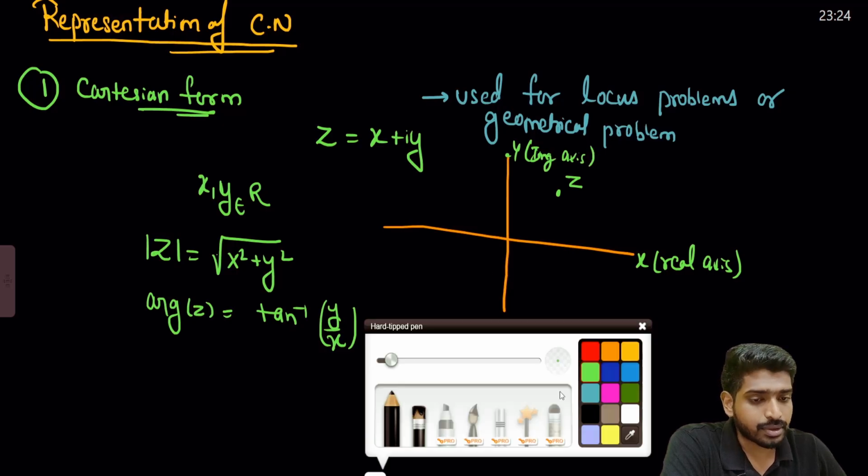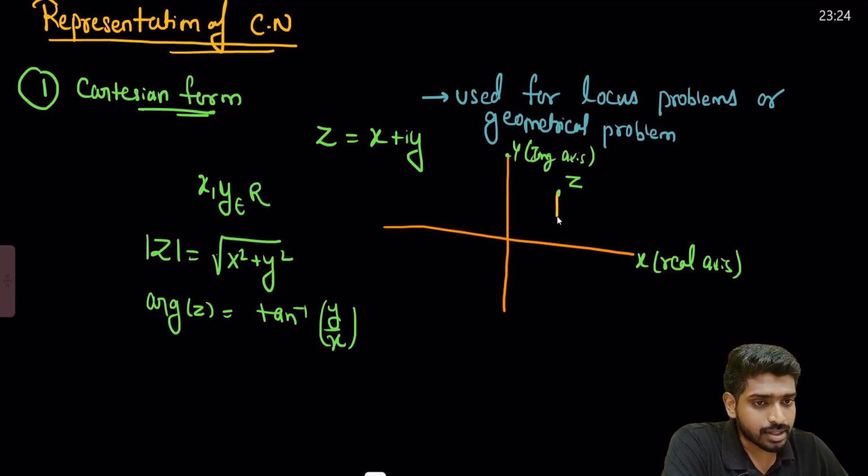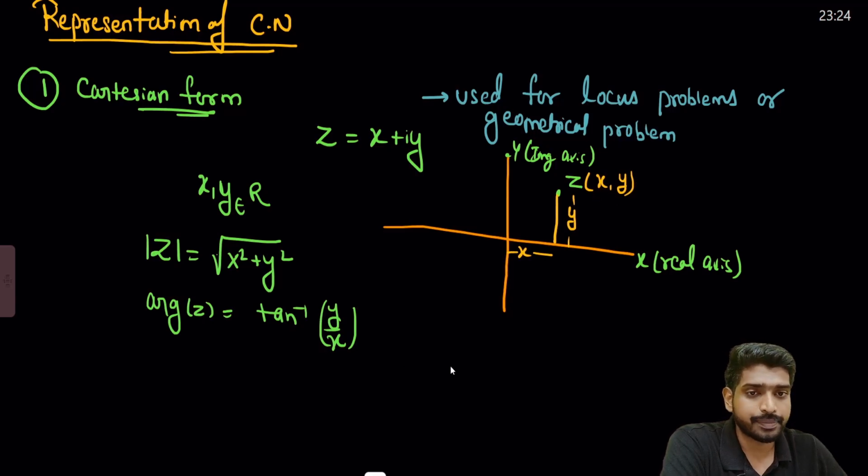So the representation of this complex number will be like this. This distance will be my y distance. This distance will be my x coordinate, the horizontal distance. The coordinate of this point z will become x comma y, where x represents the real part and y represents the imaginary part.